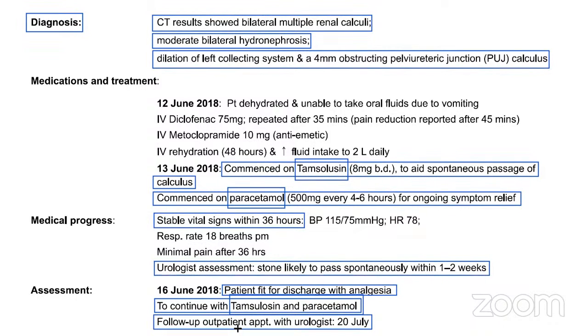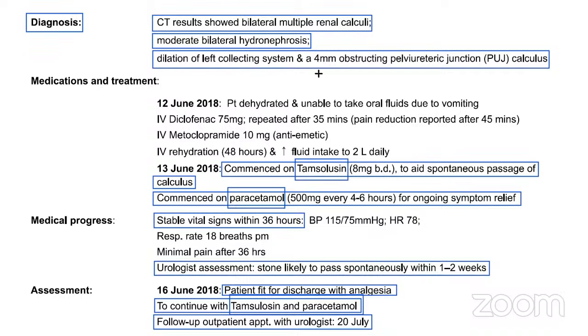Very important information. So no need to write everything. What is important, that only you need to write. So you should know what is important. This is 12th June 2018. Medication and treatment: given oral fluids due to wound.